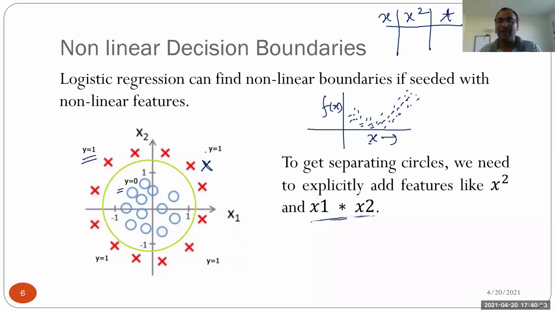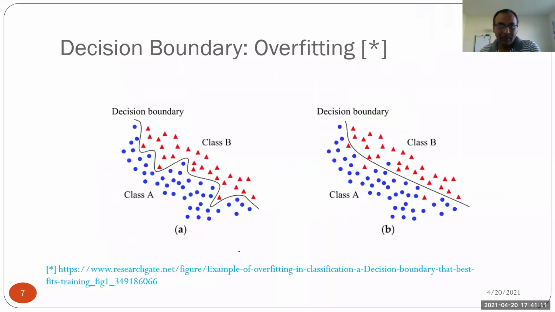So the same trick would be applicable for logistic regression as well. It can find nonlinear boundaries if we feed it the nonlinear features, right? So if you understand the equation of the circle, then you can figure out that it is quadratic too.